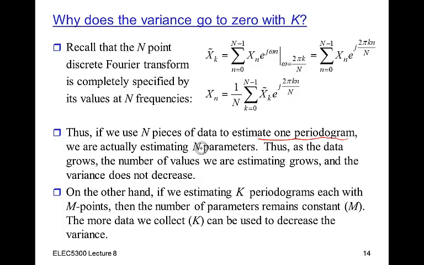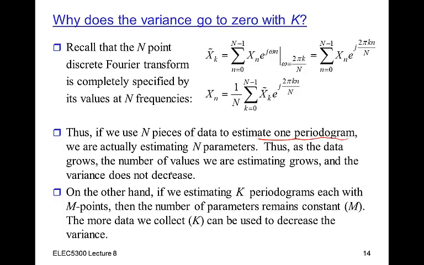We're trying to estimate the power spectral density at n different frequencies. And so as the data grows, if we only estimate one periodogram, we're actually estimating n different values, and so the data is growing as the number of values we're trying to estimate grows at the same time, and so the variance doesn't decrease.